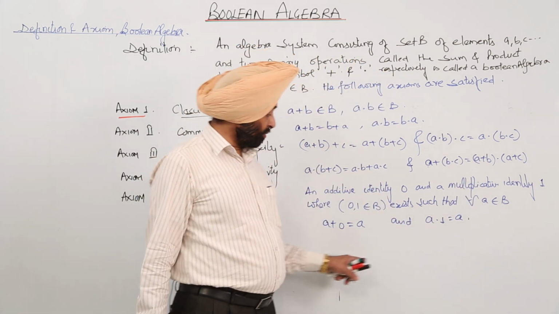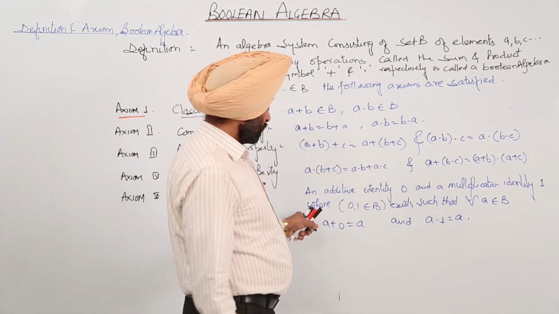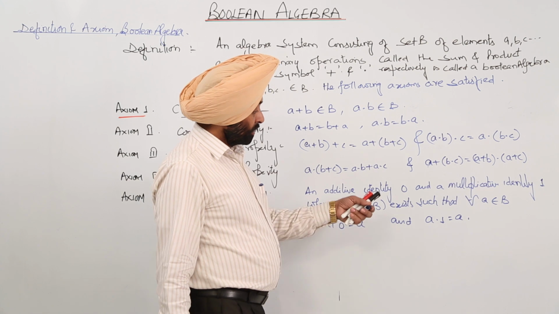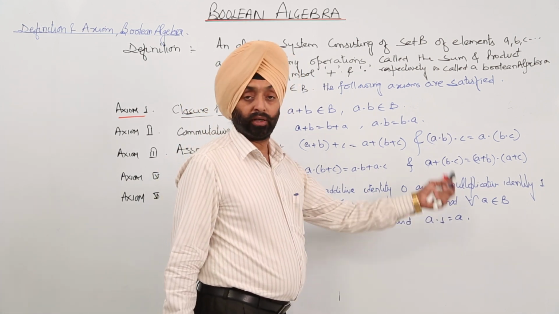So, this is a very important property: additive for 0, multiplicative for 1, both belonging to set B, where A plus 0 is A and A dot 1 is A. Okay.